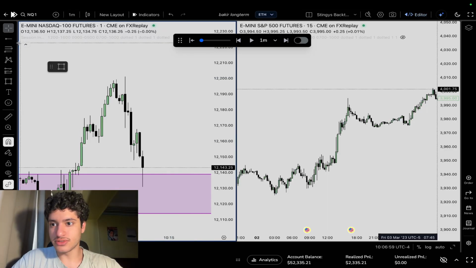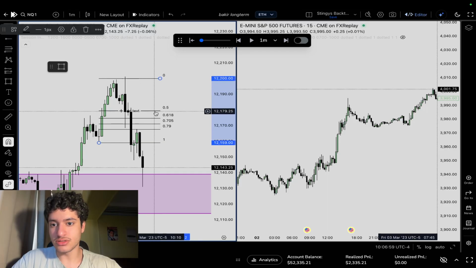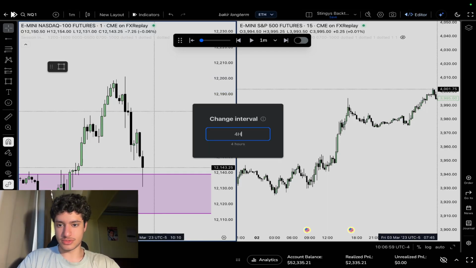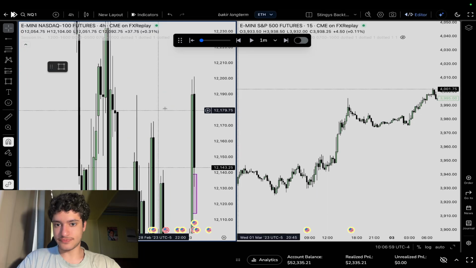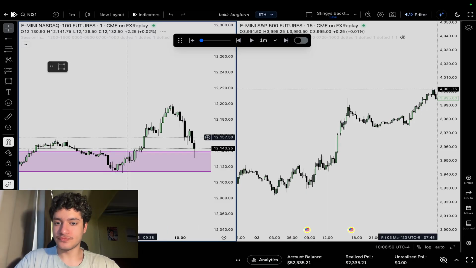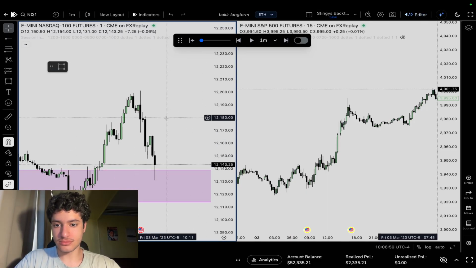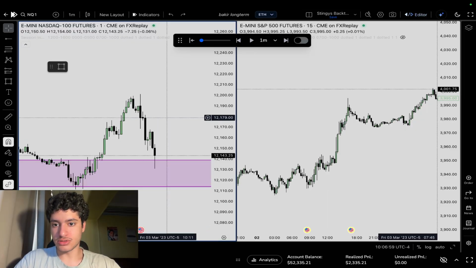To be honest, I would have taken this trade, and that would have been immediately stopped out. But since we were in a 4-hour, no, the 4-hour got inversed. Well, this was a very, very weird trade. Wait, why did I delete?